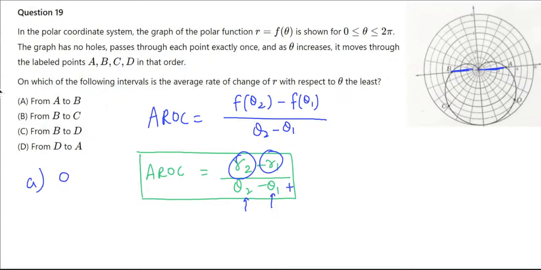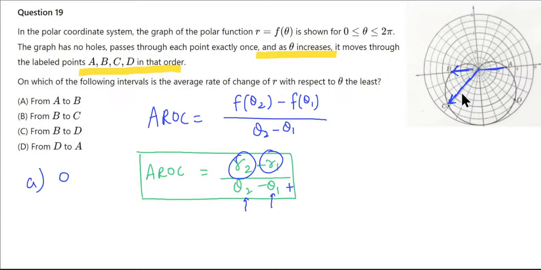Let's talk about B to C. From B to C, I can clearly say that the R value at C is greater than at B. And theta 2 minus theta 1 is always positive because they clearly said that these are passing in this order as theta is increasing. So I'm not bothered about the angle.